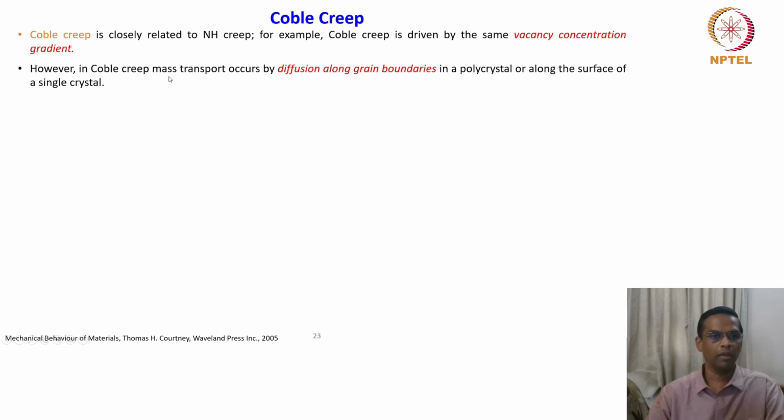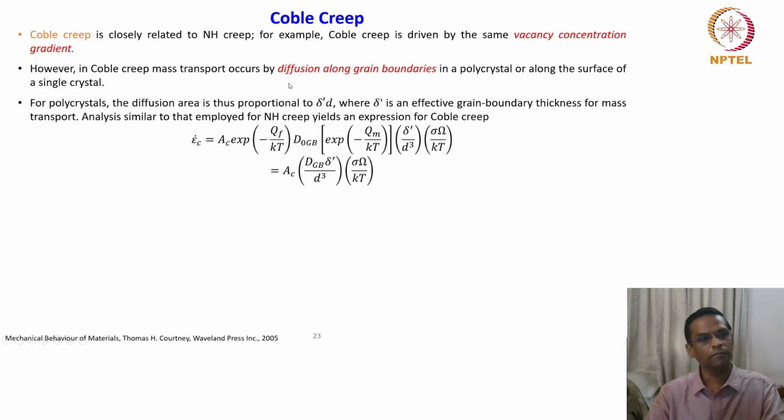However, in Coble creep, mass transport occurs by diffusion along grain boundaries. Very important point to note: we are looking at only the grain boundary here in the polycrystal, or along the surface of the single crystal. So lattice diffusion is not considered here, only diffusion along the grain boundary is considered. That is how you should look at it.